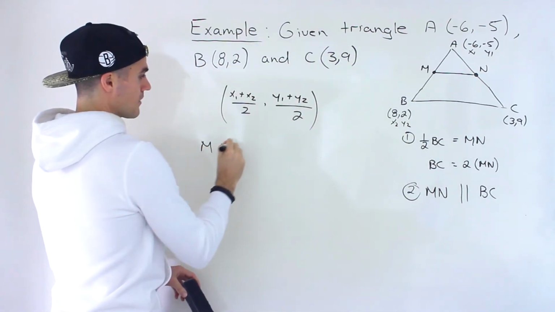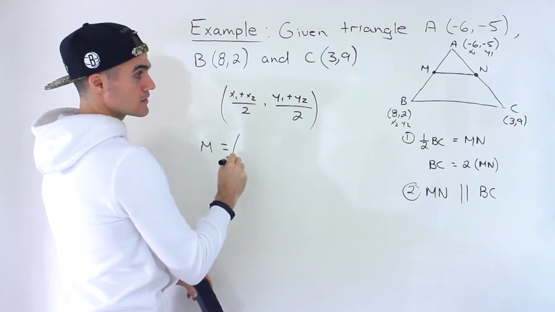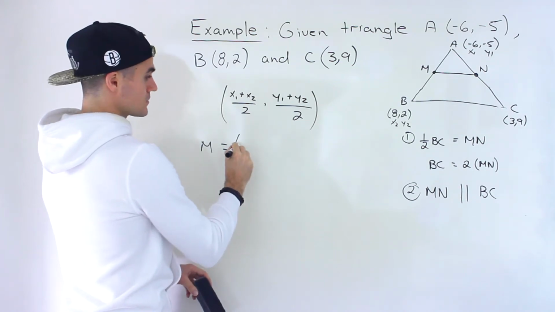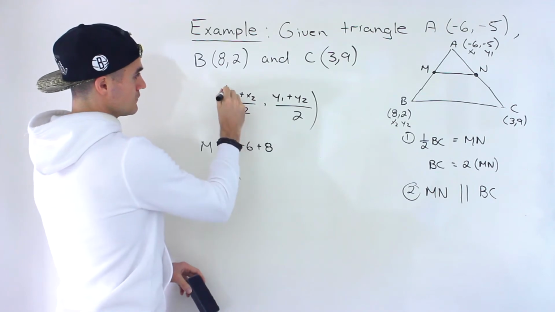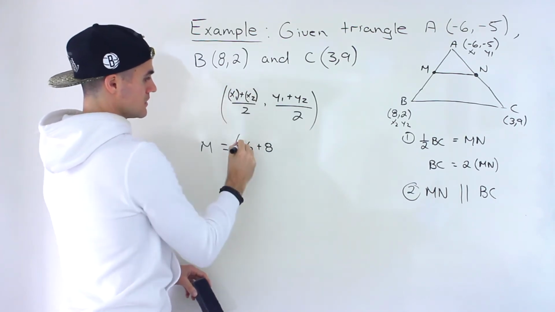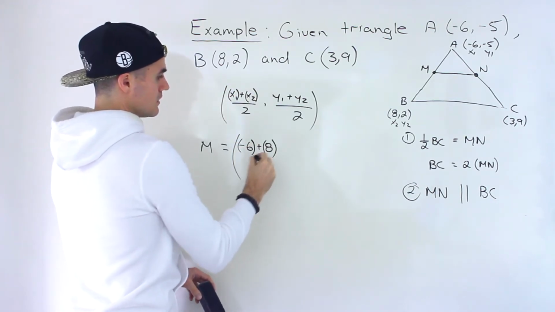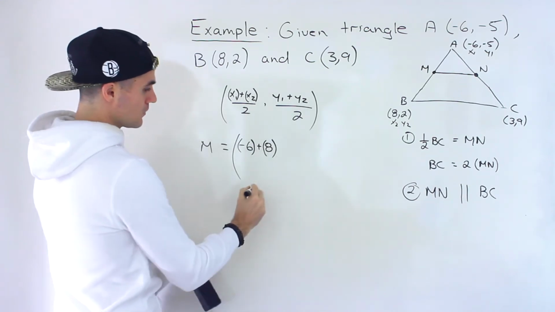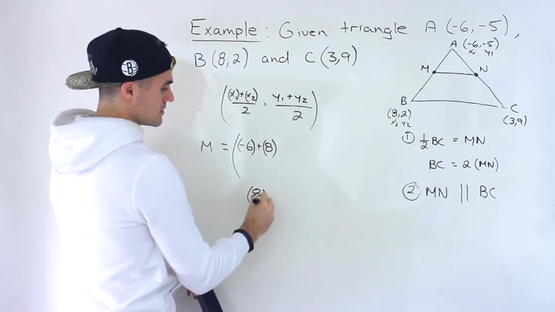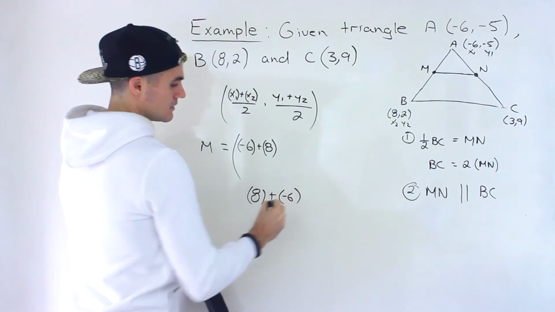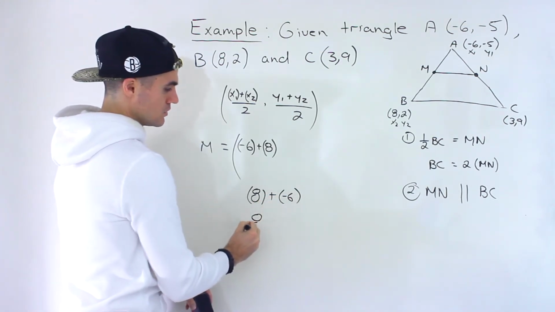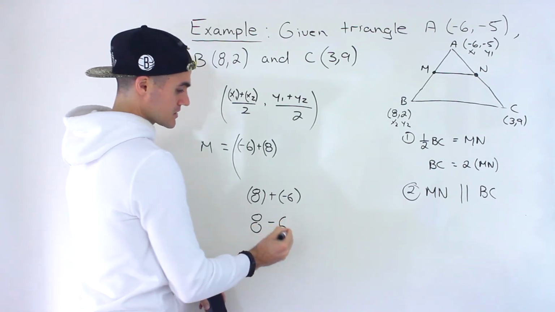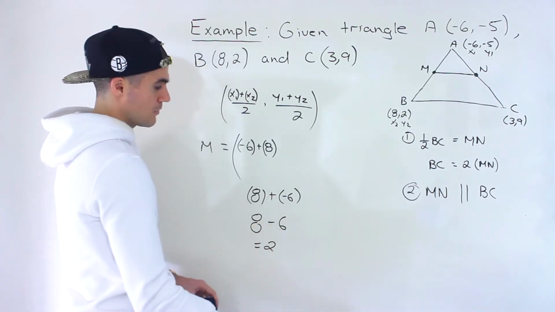So point M is going to be the two x values added together: -6 plus 8. When you're dealing with negatives, you could even put brackets around these just to not get confused, because if you did it the other way, it would be 8 plus -6, and the plus and minus would turn into a negative, and you would end up with +2.